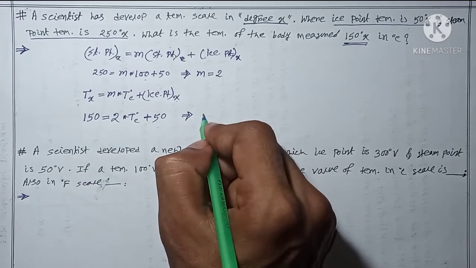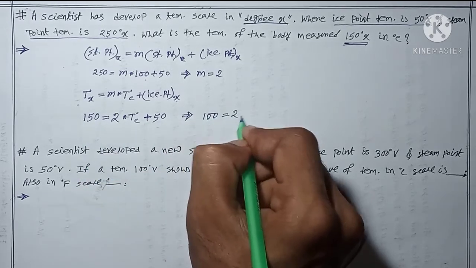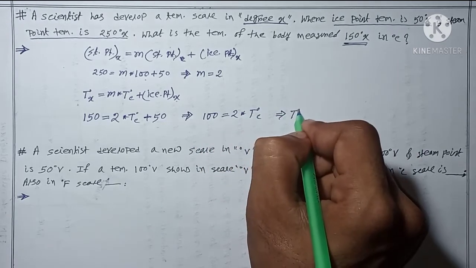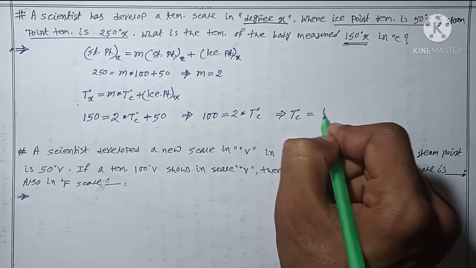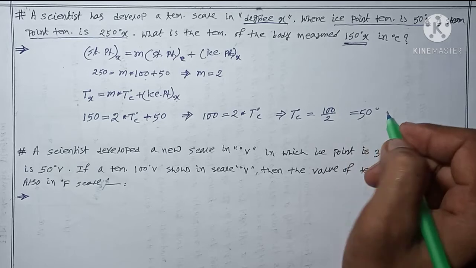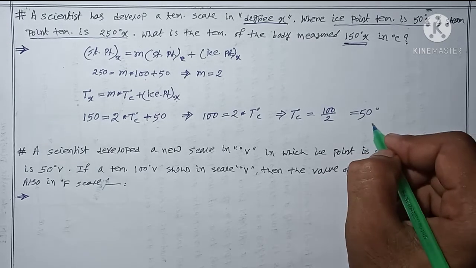So 150 minus 50 is 100, equal to 2 times T degree centigrade, or T degree centigrade is equal to 100 by 2, which is nothing but 50 degree in Celsius scale.